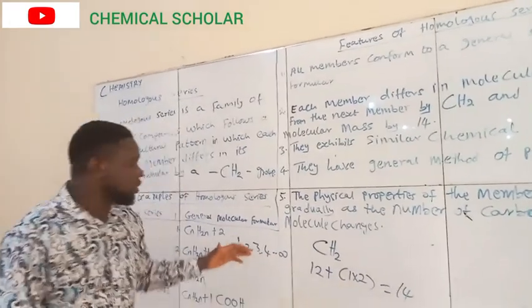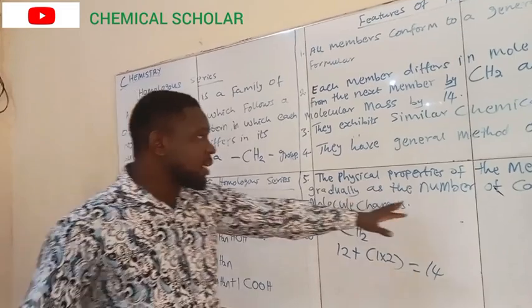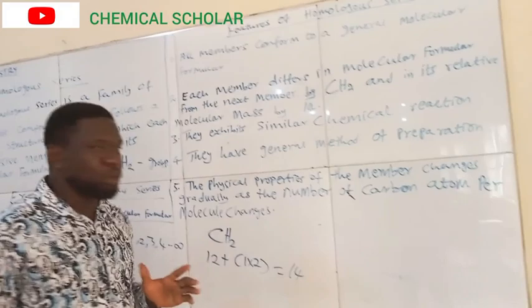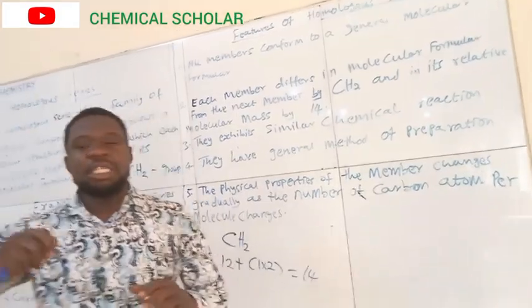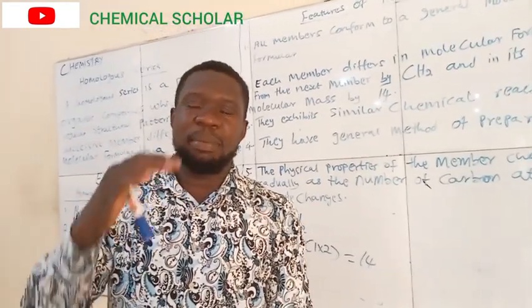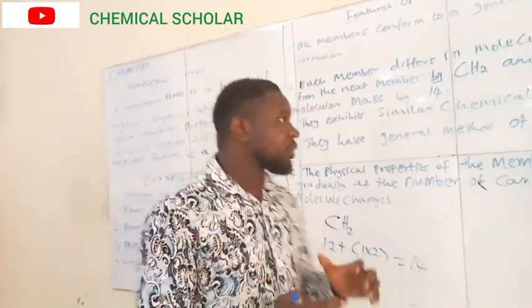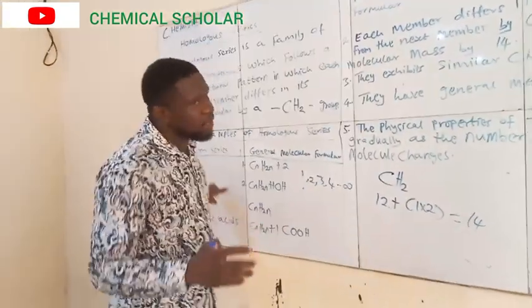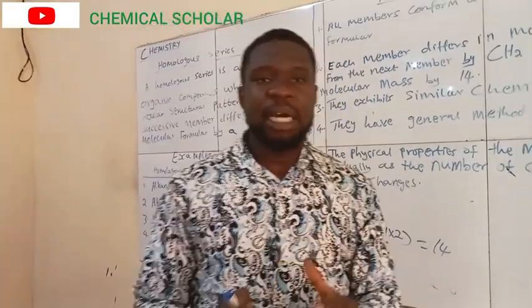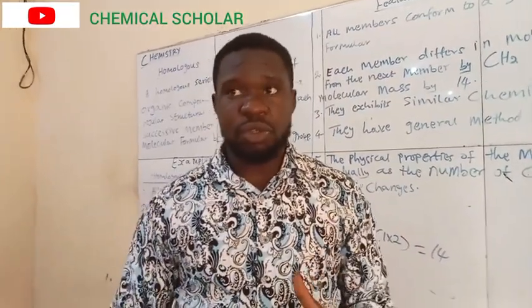The last one is that the physical properties of each member change gradually as the number of carbon atoms per molecule changes. Each member's physical property keeps changing as they keep adding carbon atoms. Let's use the alkane family. The first member is a gas, which is methane. The second member, ethane, is also a gas.